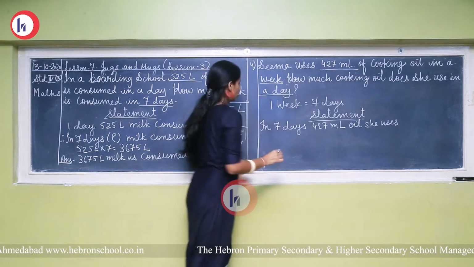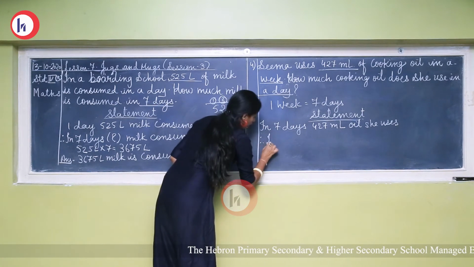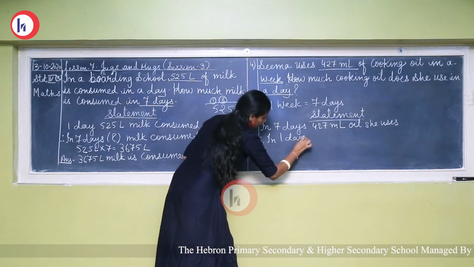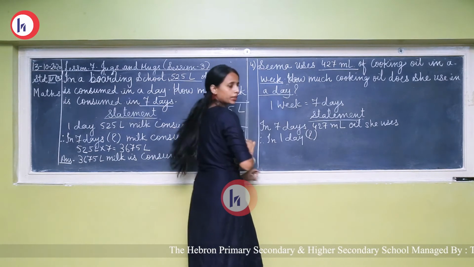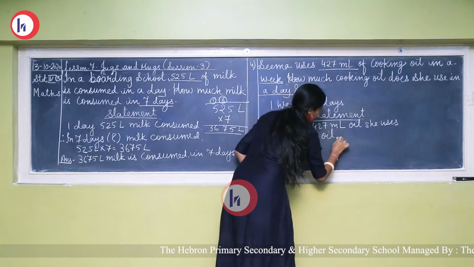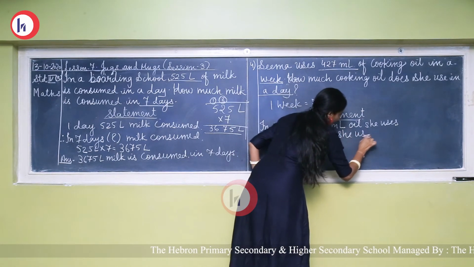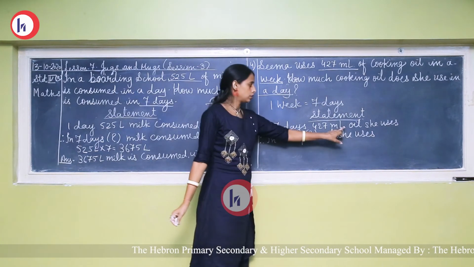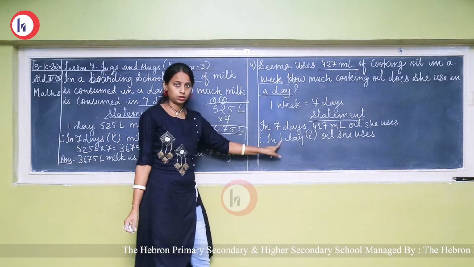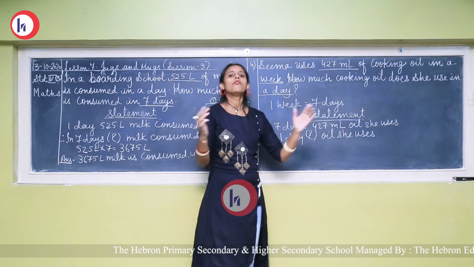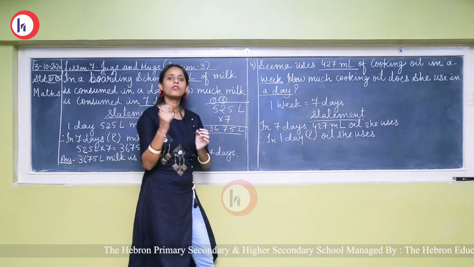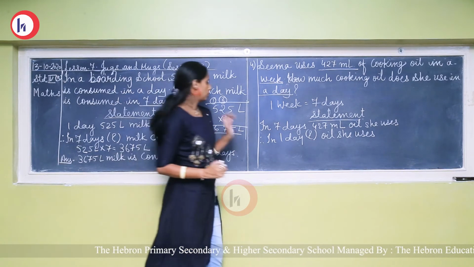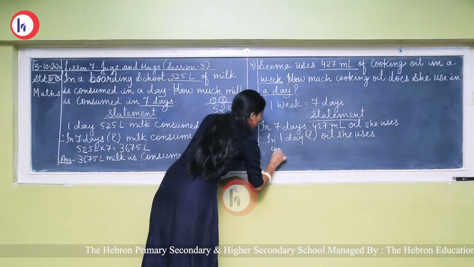Then, so in 1 day, how much cooking oil she uses? Now here, value of more than 1 is given and value of 1 is asking. So, when value of 1 is asking, we will do division. So, here we will do division.